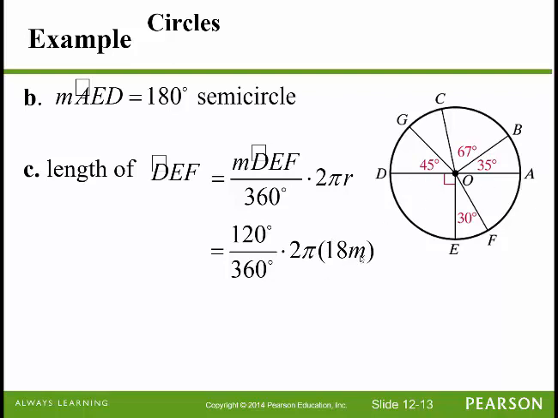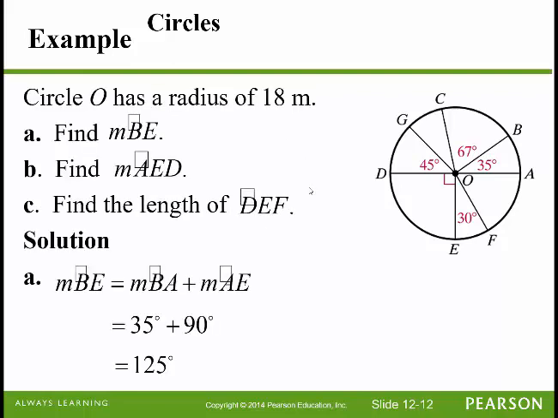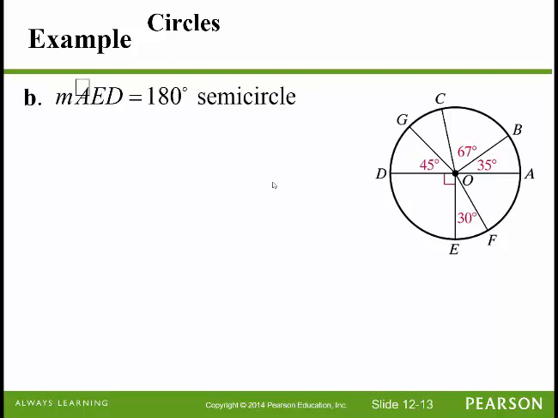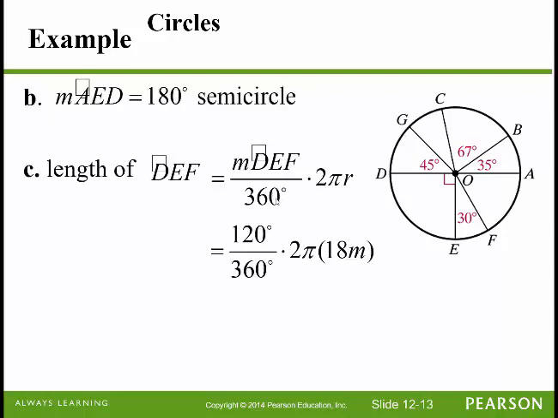And the radius here is 18 meters. If you look back here, I told you at the start of the problem that the circle has radius 18 meters. Forgive me for not making that explicit. So just plugging into that formula, when you divide and multiply, you get 12, and leave it in terms of pi. Don't type pi out as 3.14, leave it as pi. So this will all simplify to 12 pi meters.